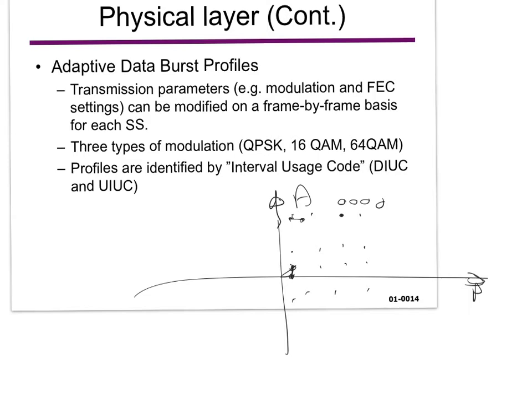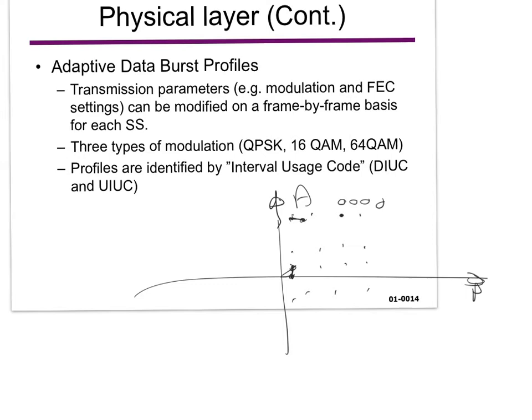The noise might affect the phase and/or the amplitude, right? Which means that at the receiver side, this point might be shifted a little bit, so it might actually be interpreted at the receiver side as this point rather than this point, which will lead to an error.